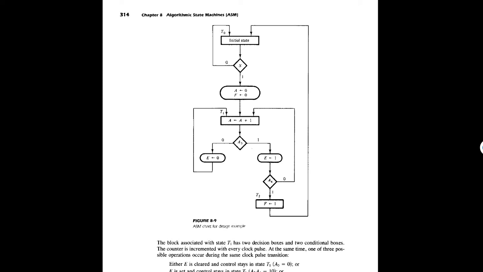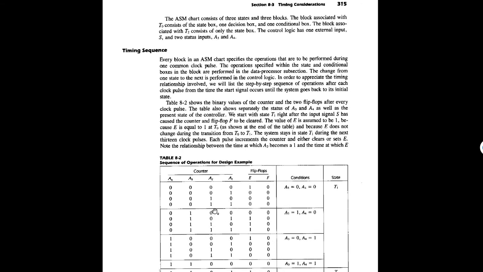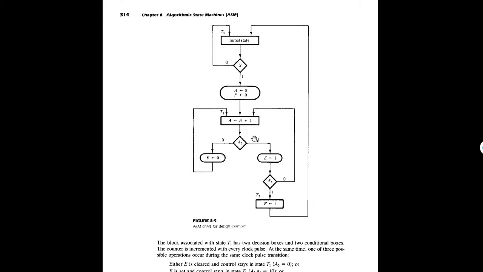But now, at this particular moment of time, you don't have A4 equal to 1. We are actually not at 0, 1, 1, sorry, 0, 0, 1, 1, okay? So adding 1 to 0, 0, 1, 1 will give you 0, 1, 0, 0. So adding 1 to this is going to increment the state of A. But 0, 0, 1, 1 is the present state, and in this present state you have A3 equal to 0.